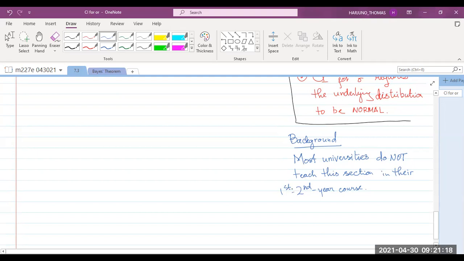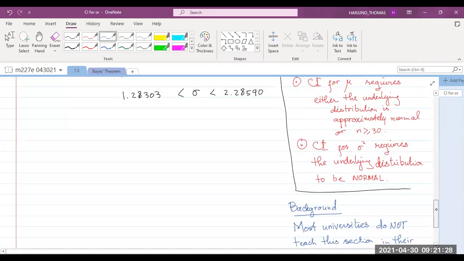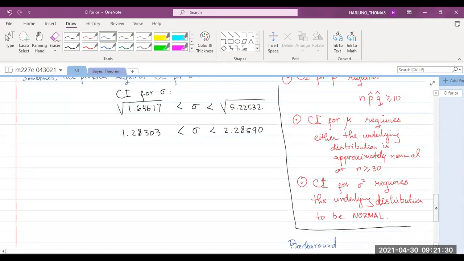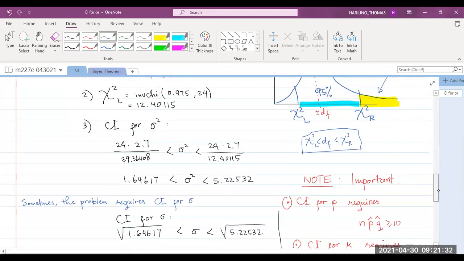They usually teach that in the third or fourth year. You need to know enough stats to know how to confirm that the distribution you get it from is strictly normal, not approximately normal. So that's some background.